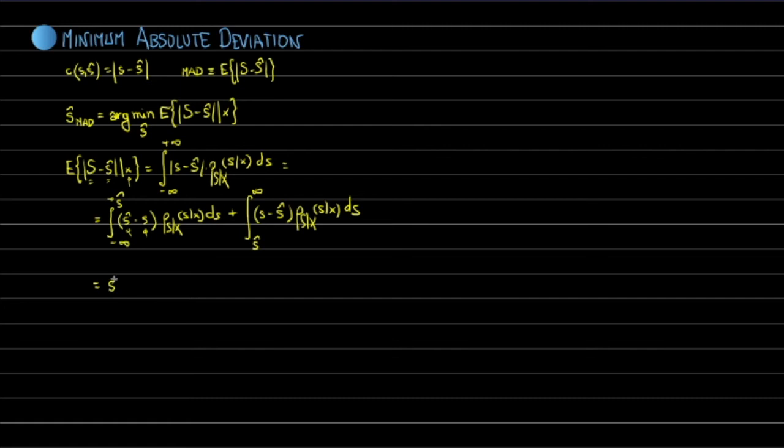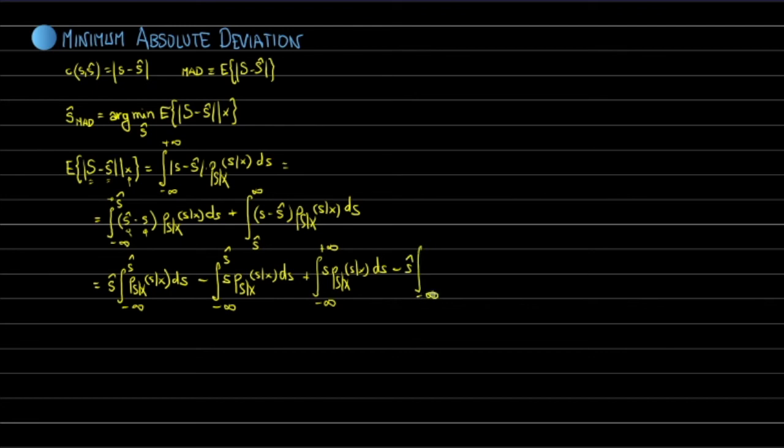So the first term here will be S hat times the integral of P of S given X, differential S, minus the integral from minus infinity to S hat of S times P of S given X, differential S, plus the integral from minus infinity to plus infinity of S times P of S given X, differential S, minus S hat times the integral from S hat to infinity of P of S given X, differential S. Okay.